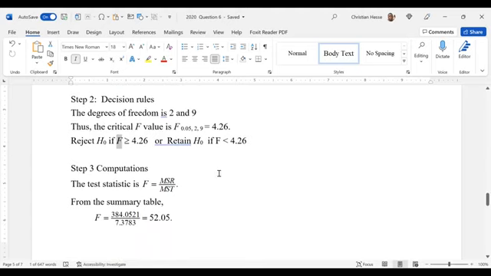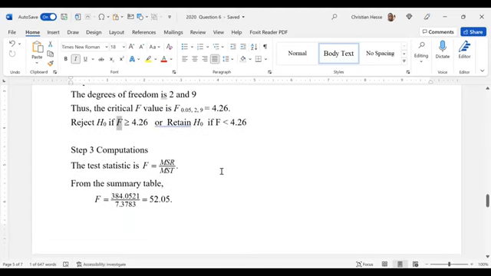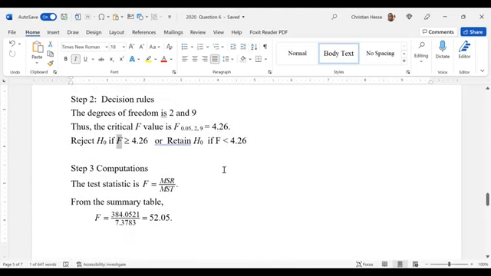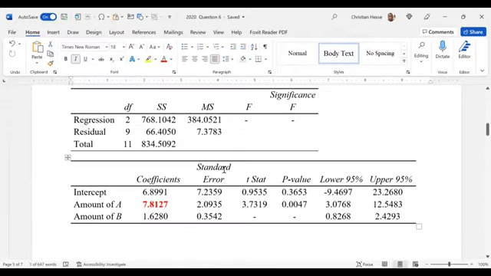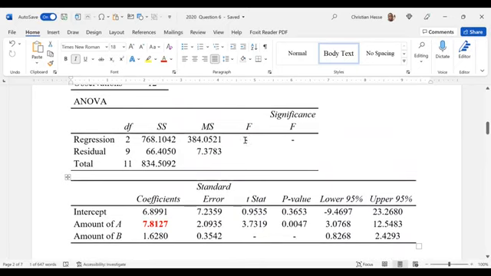So what is the computation? The computation is very simple. You go to the table, then you pick the F value. What is the F value? It is omitted. So how do you compute the F value when it is omitted? Because we need it in the calculation.